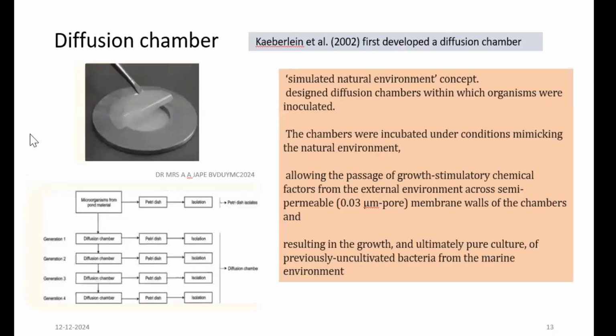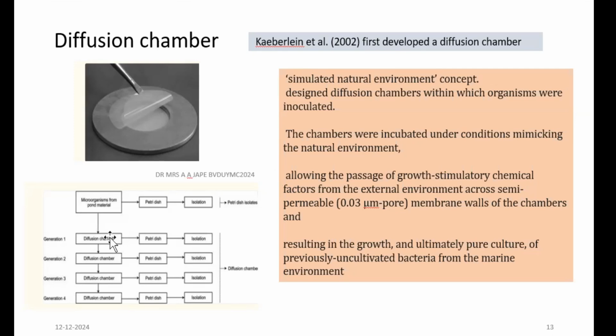Now, when I talk about this diffusion chamber, this is the design that we had talked about, right? It was redevised in 2002 by Kaeberlein, and even today many modifications in this design are happening. So we are trying to simulate the natural environment, right? The chambers are designed, of course, to be sterile, inoculated with the source material, and incubated under conditions which mimic the natural environment.